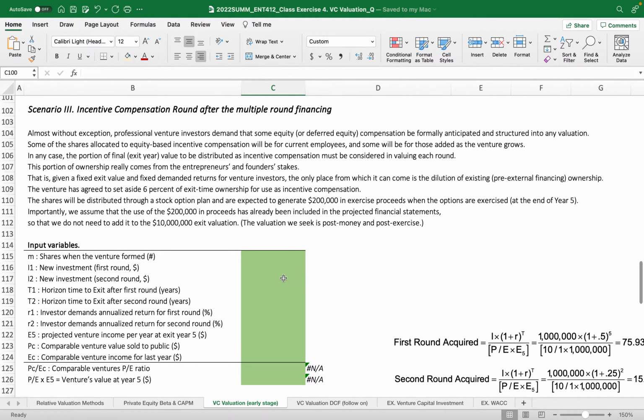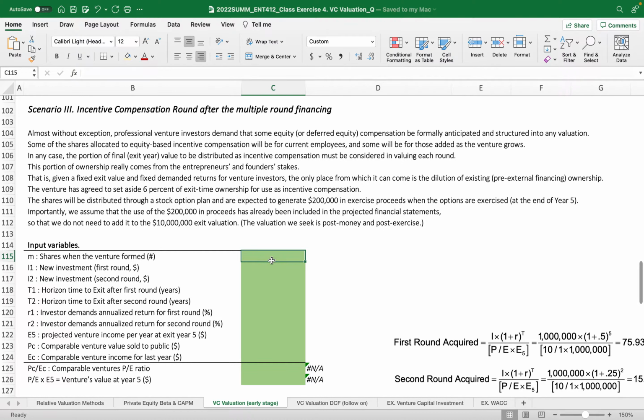So we need to set aside a certain percentage, 6% of the shares at the exit time. So 6% of ownership will be set aside as the incentive compensation.